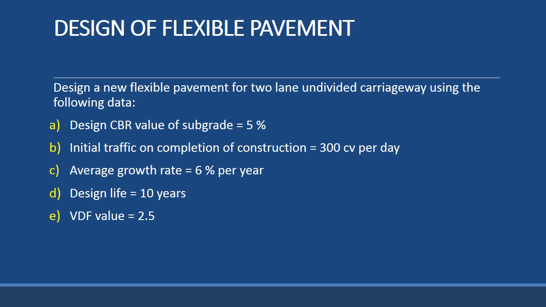Now for solving this problem, designing the flexible pavement, we are going to adopt a process in which first we will find out the initial cumulative standard axle value for the particular traffic. Based on that CSA value and the CBR of the subgrade, we are going to refer to a chart termed the CBR chart, which is derived from IRC 37/2001.